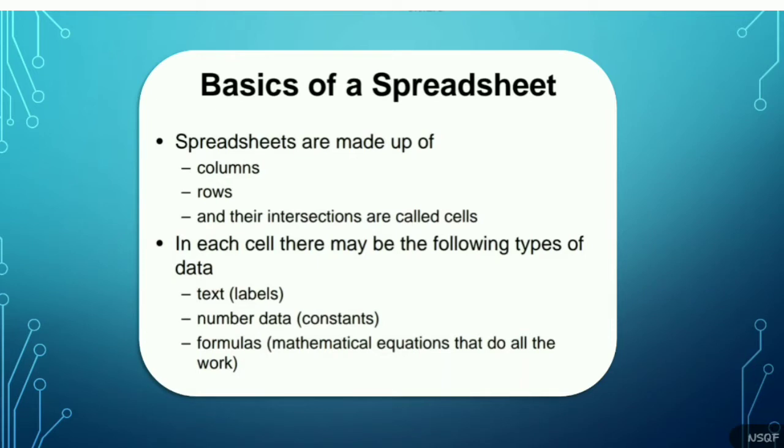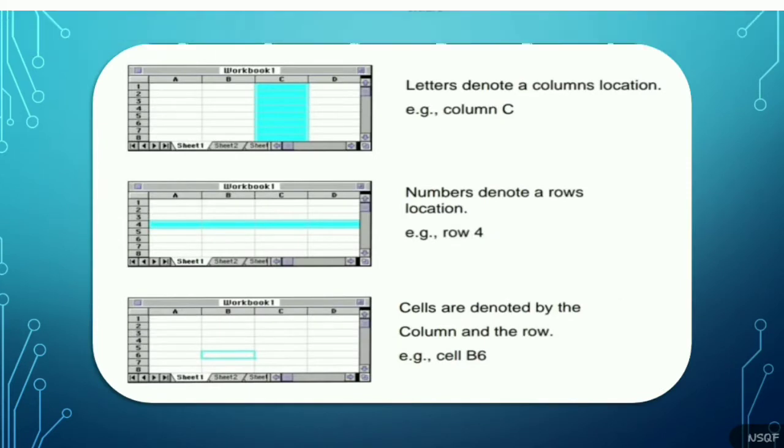We'll learn in brief about the columns, rows, and the intersections. So in this page you can see what columns are. Columns are the locations denoted by letters. What are rows?